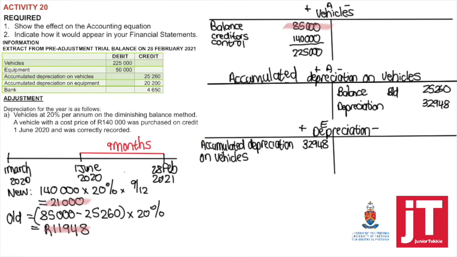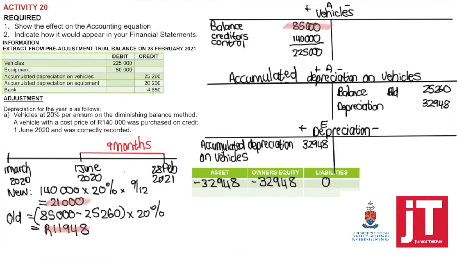So my total depreciation on vehicles is old plus the new, and that equals $32,948. Accumulated depreciation on vehicles is credited, depreciation is debited. Effect on the accounting equation, minus assets, minus owner's equity.